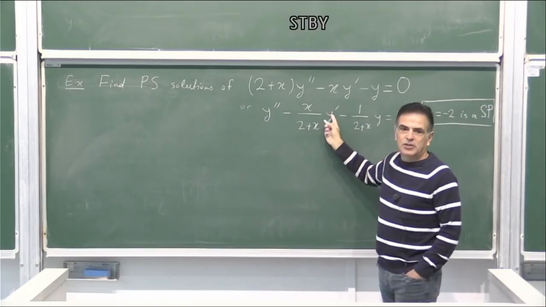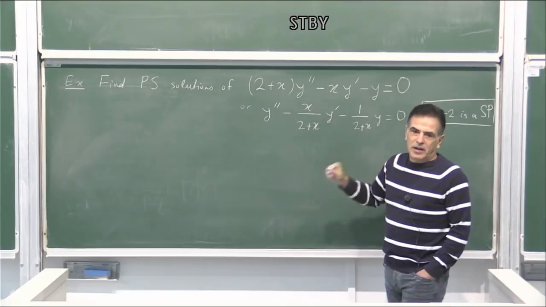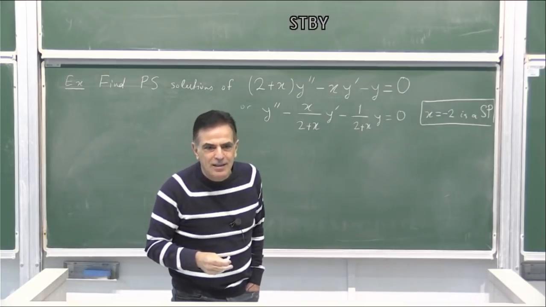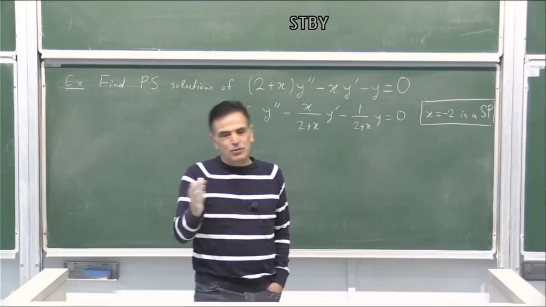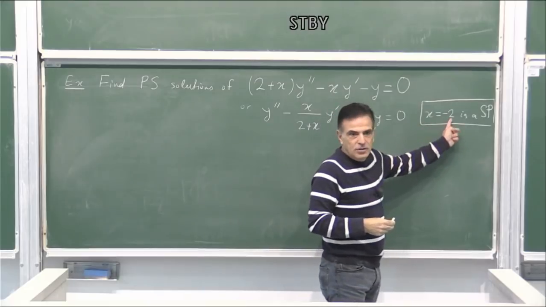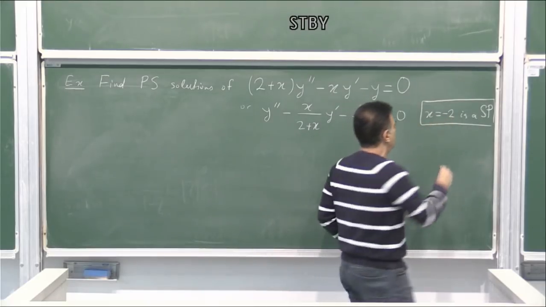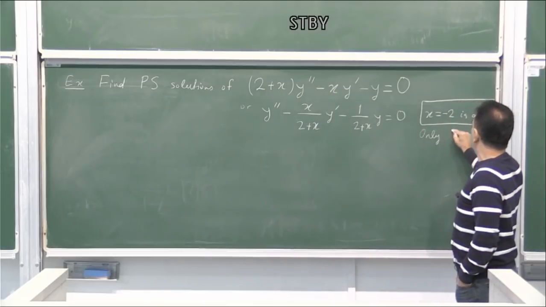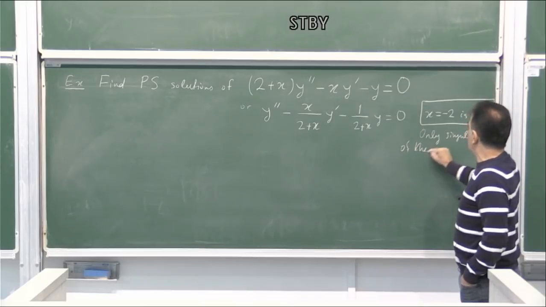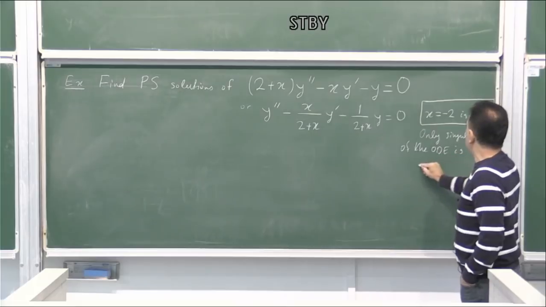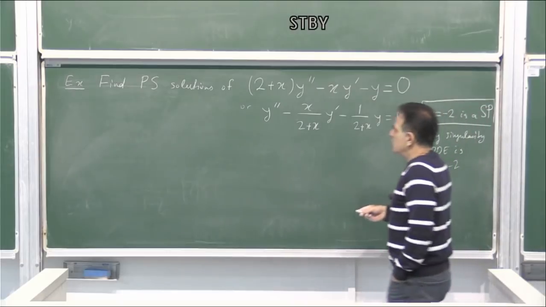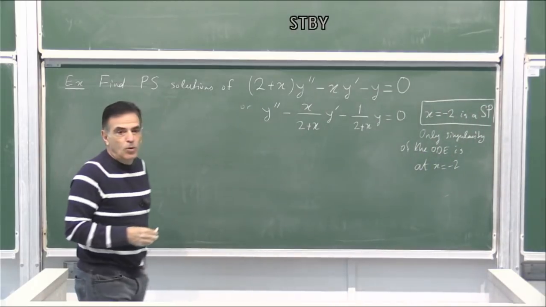Where at least one coefficient of y prime or y is undefined at some x, it is enough to say that there is a singularity at that x. Okay? So when x is -2, there is a real singular point. And this is the only singular point. Only singularity of the ODE is at x equal to -2. Good. So other points are all ordinary points.